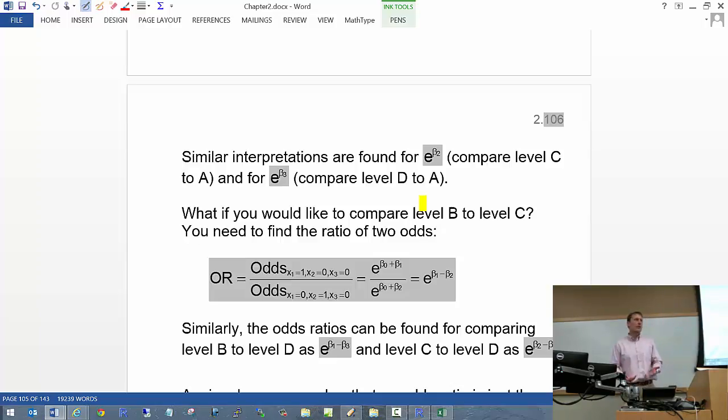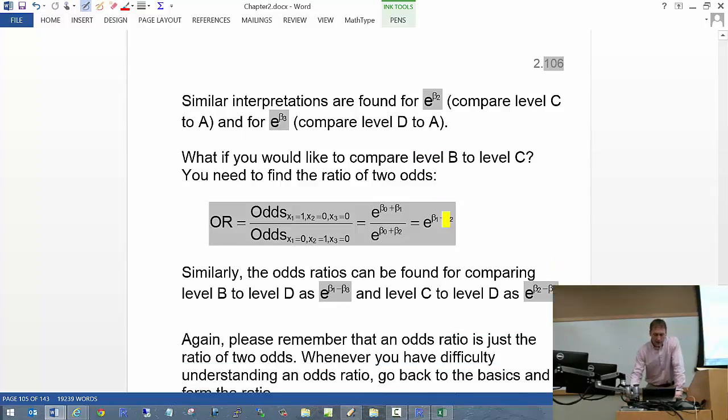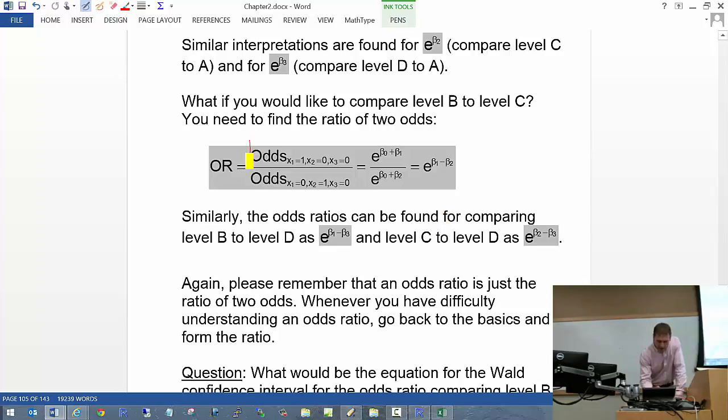Well, what happens though if you want to compare B to C? You can still do it. Again, it goes back to the basic principles about what an odds ratio represents. So I could look at the odds corresponding to level B, divided by the odds corresponding to level C. Notice my indicator variable x2 is equal to 1.